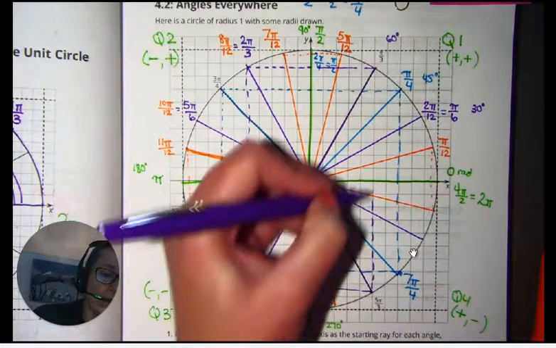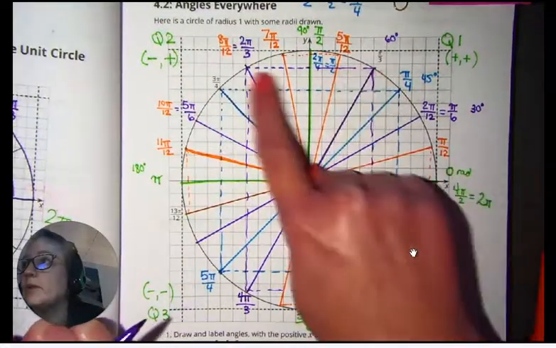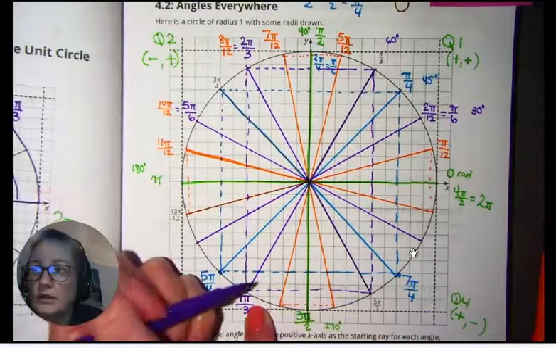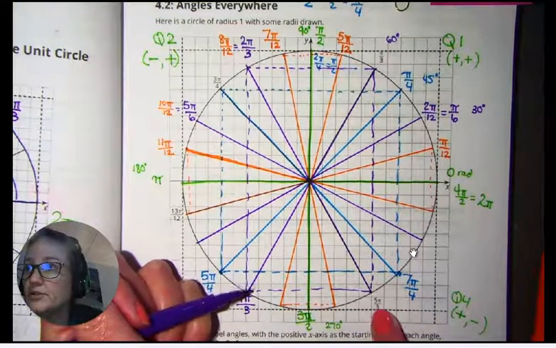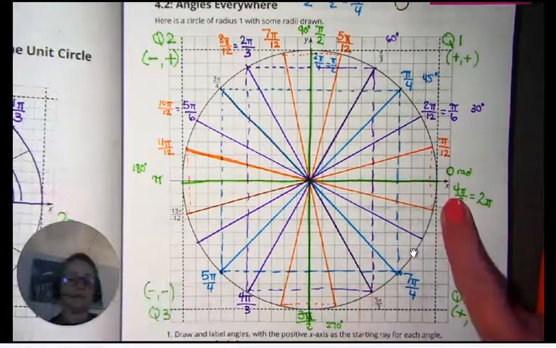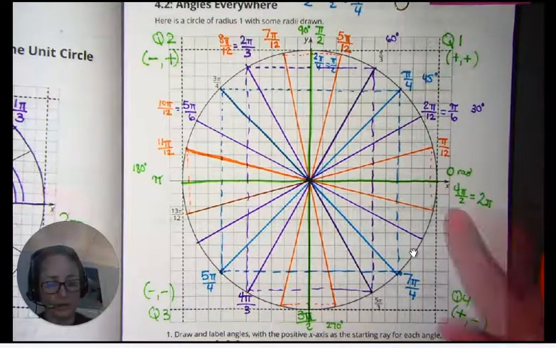If you need to, you can connect those squares to keep you on track. Pi over 3, 2 pi over 3, 3 pi over 3, 4 pi over 3, 5 pi over 3, that checks out because they already had it pre-written for us. 6 pi over 3, but 6 divided by 3 is 2, and we're right back to 2 pi.